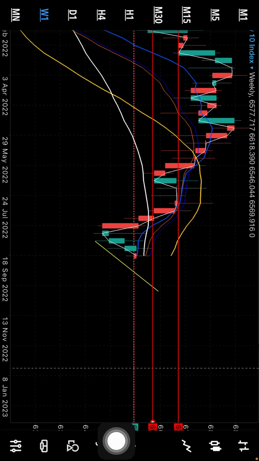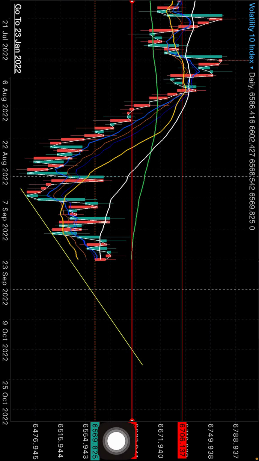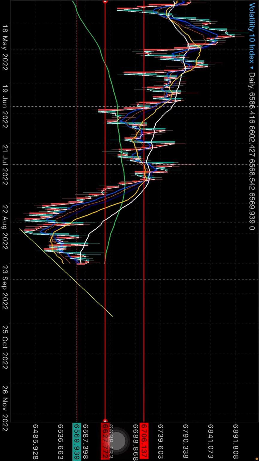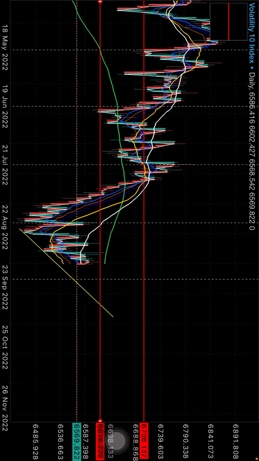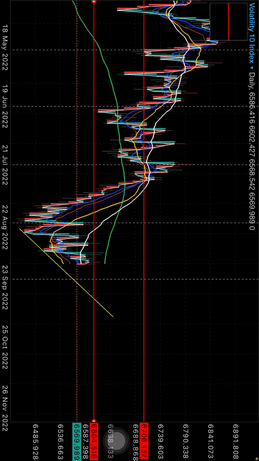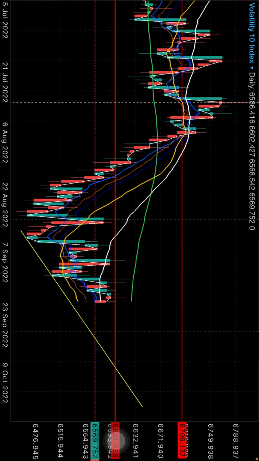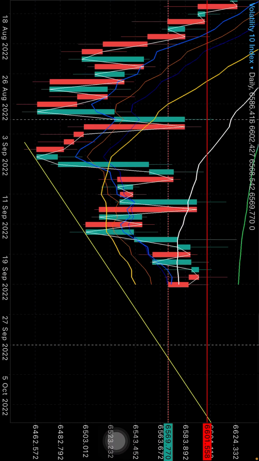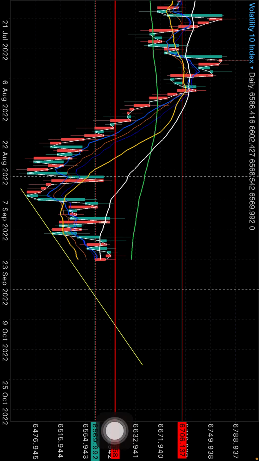Looking at the daily time frame, the market successfully closed red at the resistance level, but this is not fully confirmed until this level is broken.